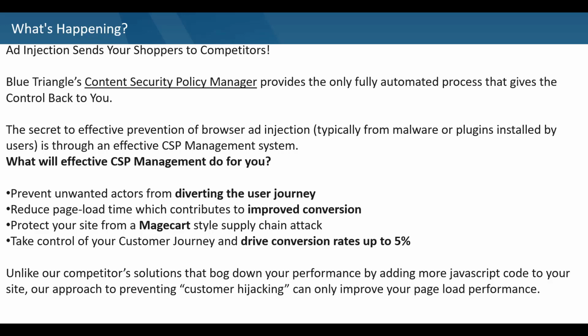If you're familiar with Magecart, they are one of the more notorious hacking groups. They are something that a content security policy is going to block. It's going to protect you from that style of attack.